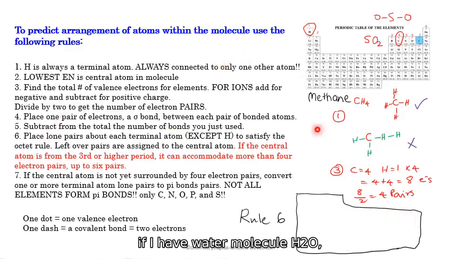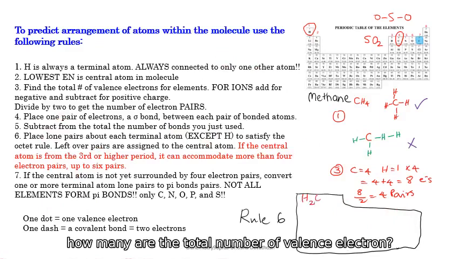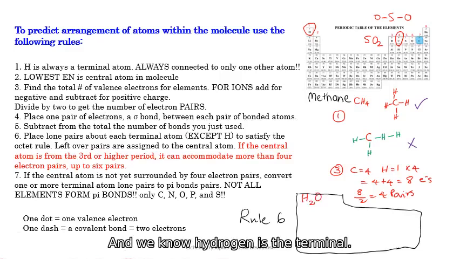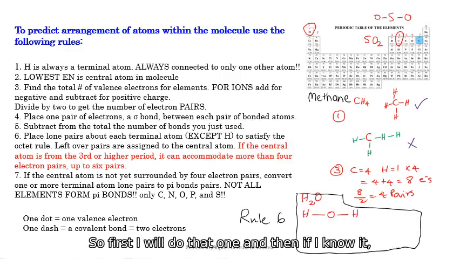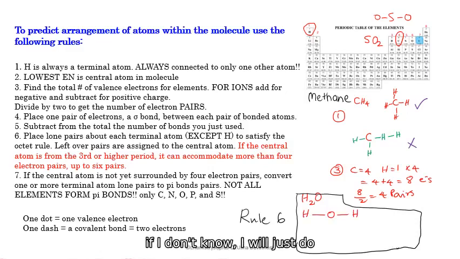Say for example I have a water molecule, H2O. How many total valence electrons are there? We know hydrogen is terminal, so I will put hydrogen, then oxygen, then hydrogen. If I don't know that, I will just do the total number of valence electrons.